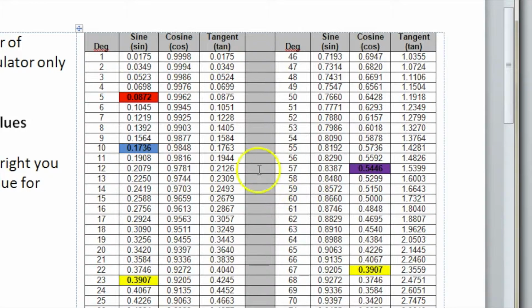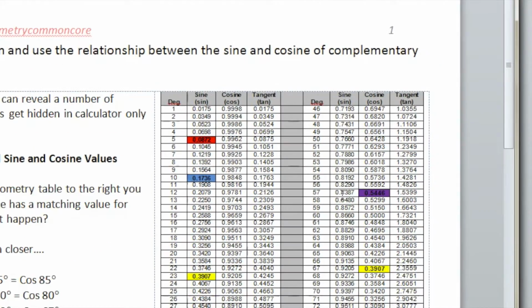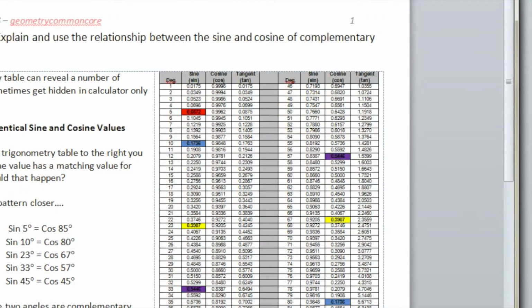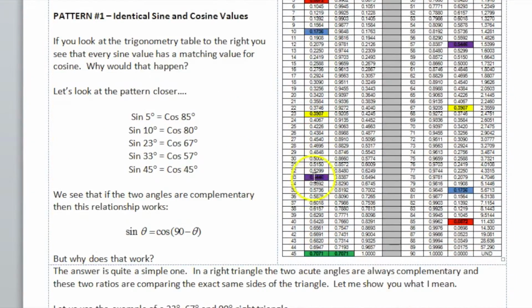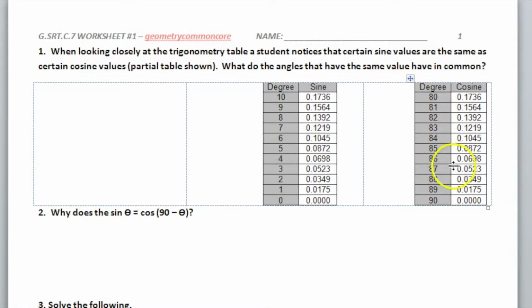They get a quick idea that the sine of an angle is equal to the cosine of 90 minus that angle. And we establish in good detail, for sure, the ideas of why this is taking place. We talk about that we're in a triangle, and so looking at it from one angle is in relationship to looking at it from the other angle, and the relationship between cosine and sine.